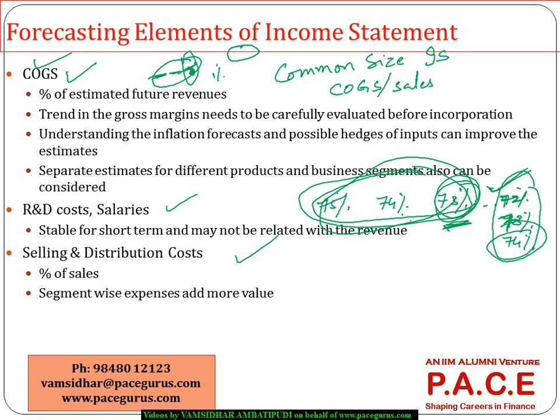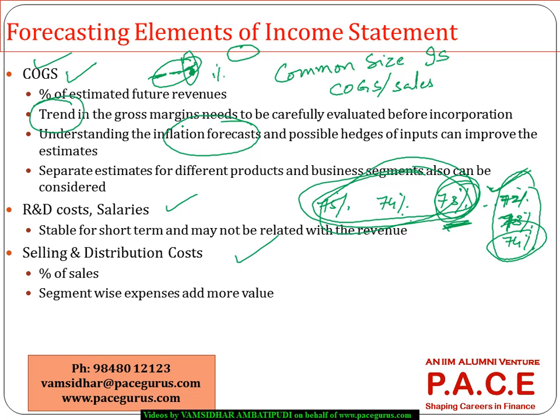So based on how we are able to assess the various input costs that are going into this business, we may have to take an appropriate number accordingly. Initially, on a very crude note, people look at the percentage of revenue as the input for the future, but small differences may very well come up, especially if the trend is expected to continue. It is also better to understand the inflation forecast.